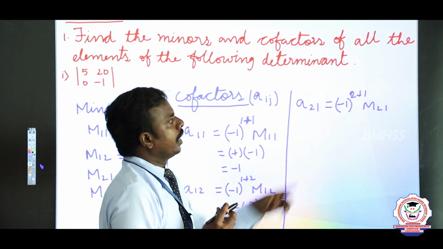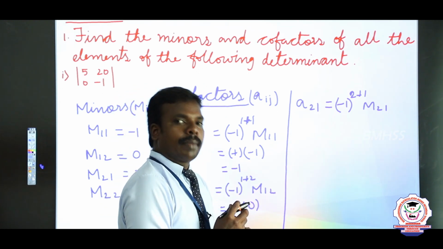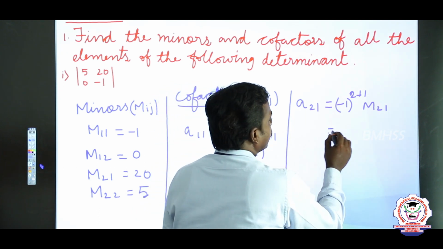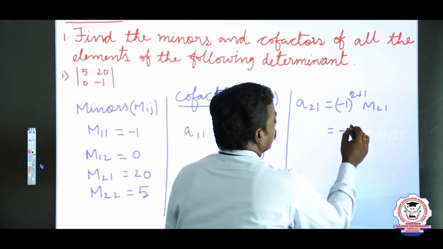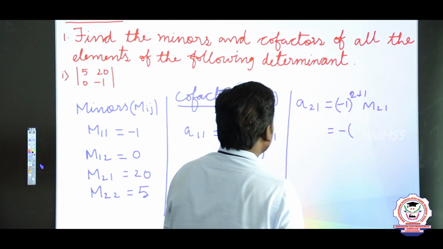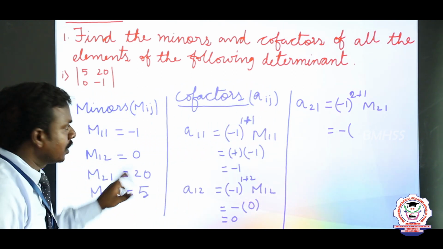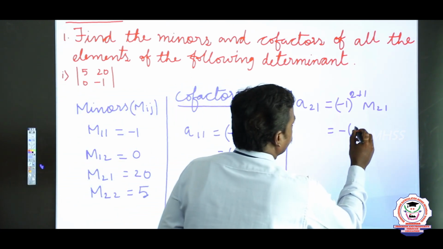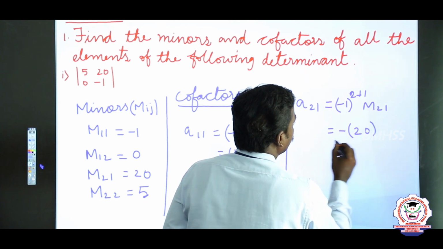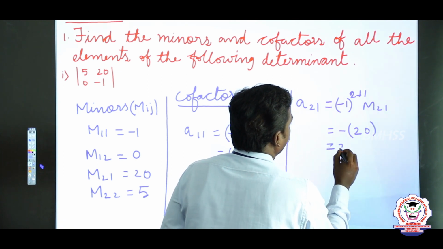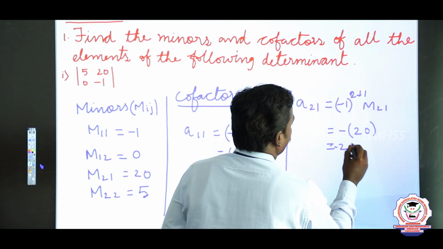If you get an odd number in its power, again you will get minus. So minus into M21 value. M21 value is 20. Finally, minus 20 is the cofactor value.